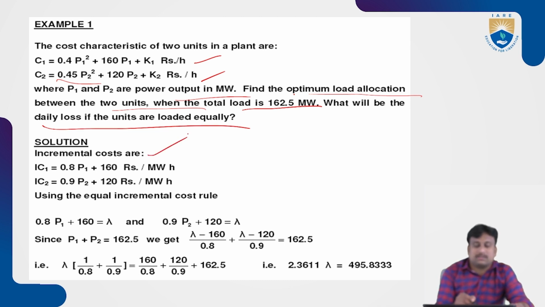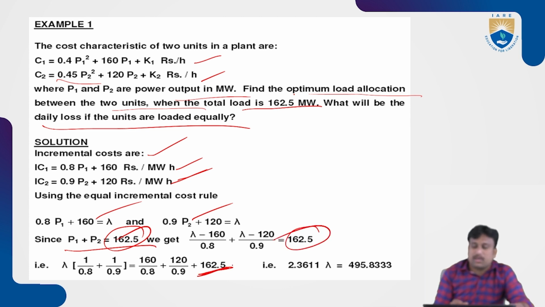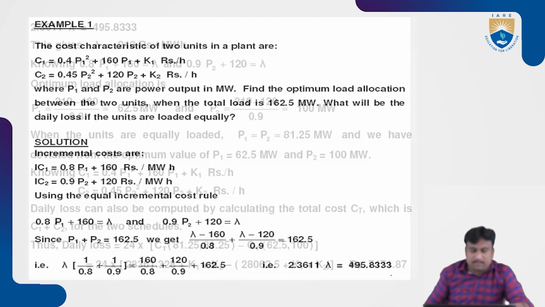The incremental costs IC1 and IC2 are 0.8 P1 plus 160 rupees per megawatt, and 0.9 P2 plus 120 rupees. Now with these two expressions, when you add the total load of 162.5, you may obtain the lambda value.